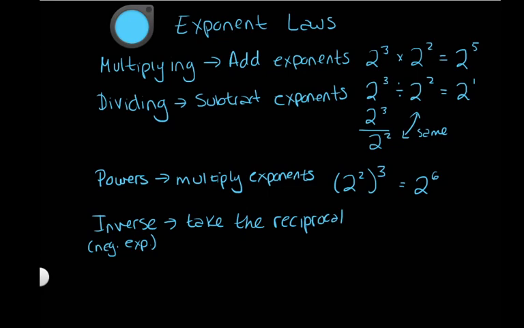So for example, if I have 2 to the power of negative 1, I'm going to take this 2 and flip it. Remember that when we have a whole number, there's an imaginary 1 underneath this 2. So I'm going to flip this and have 1 over 2, and that's my answer.